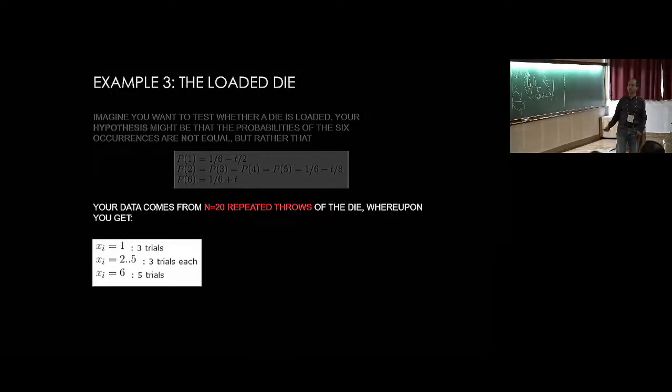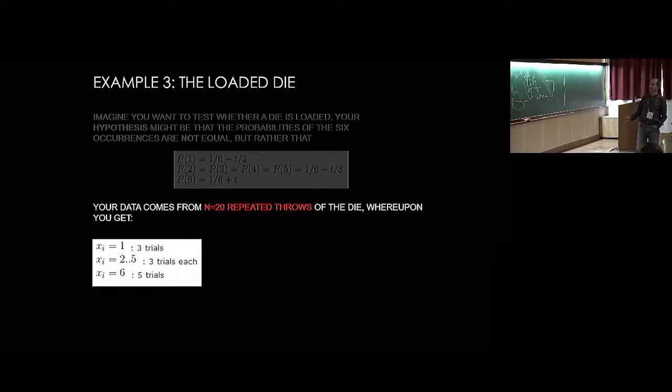Because in total you did 20 trials, you should have expected what? 3.33, I cooked it up myself. 3.33 times a 6.